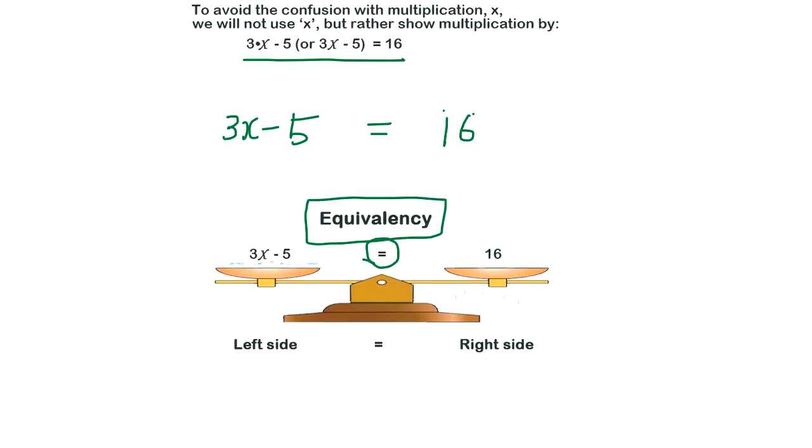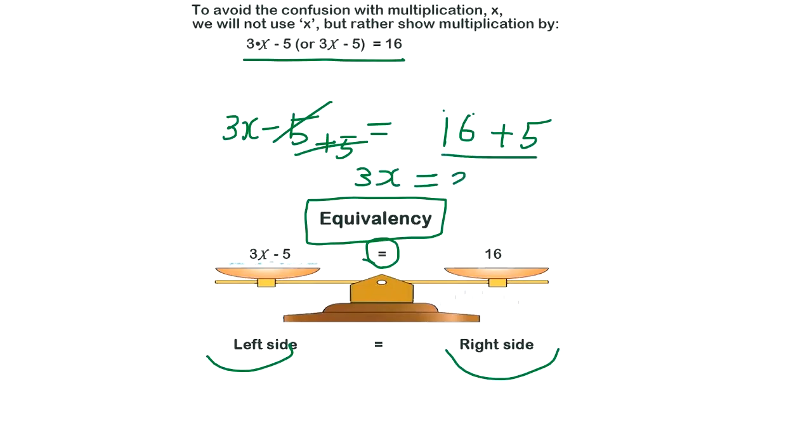When the left side and the right side are balanced, how do we figure it out? Well, I add 5 pounds on both sides, then we don't have to worry about this. The remaining is 3x equals 21. So we add 5 on both sides, and this is going to disappear.